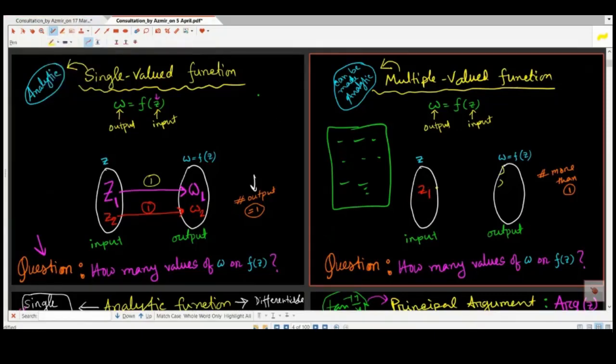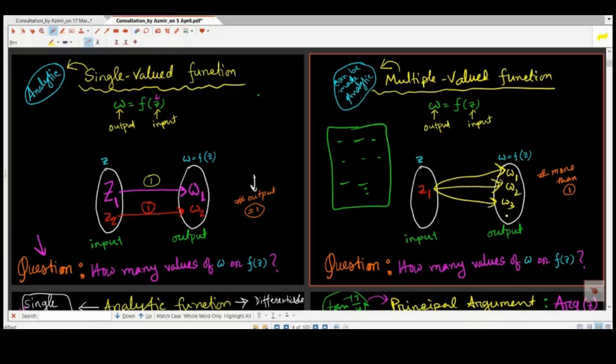If for this single input we get more than one output, say w1, w2, w3, so we have three outputs for this single input, then that function will be a multiple valued function. But here for z1 we have only one output, and there for z1 we have three outputs.